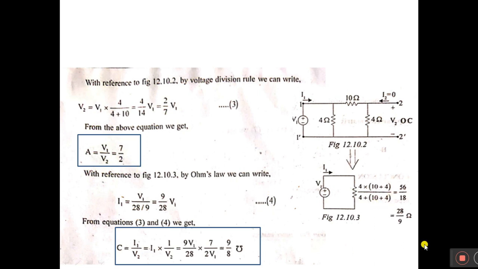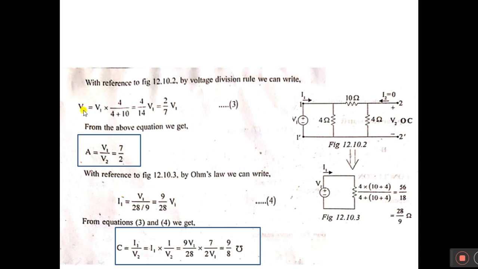So by referring this table, I1 equal to V1 by 28 by 9. So now I1 equal to 9 by 28 V1. Right? Now relation of C is I1 by V2. I can split this as I1 into 1 by V2. I1 we have 9 by 28 V1. Right?